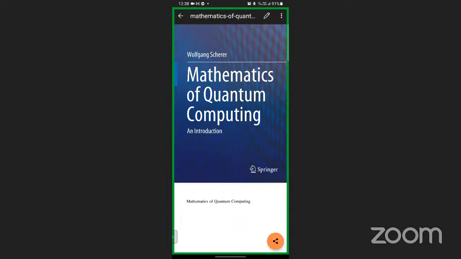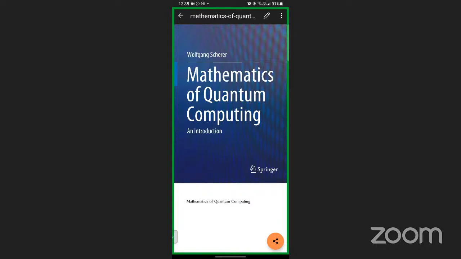I'll tell you about the mathematical contents covered in this book. What mathematics comes into the picture?